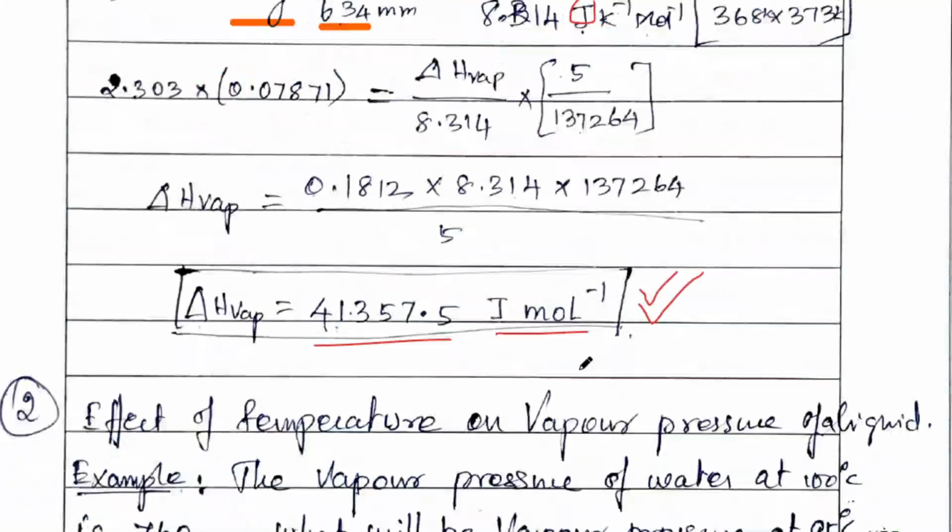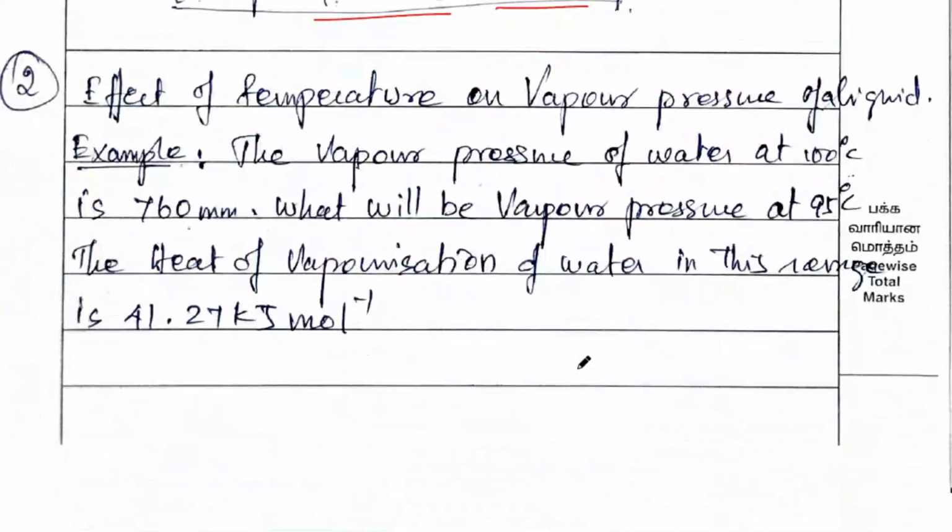The second application of the Clausius Clapeyron equation is the calculation of the effect of temperature on vapor pressure. Let us explain this using a simple problem.